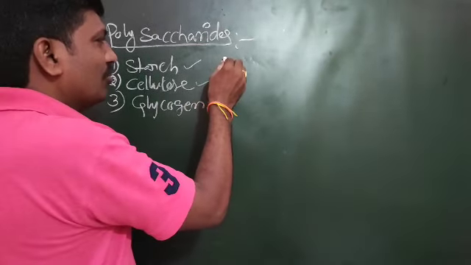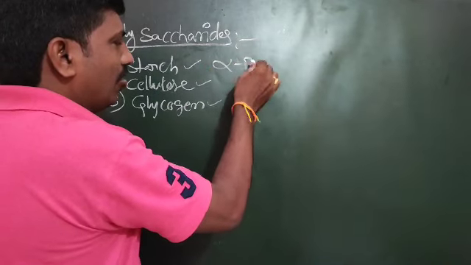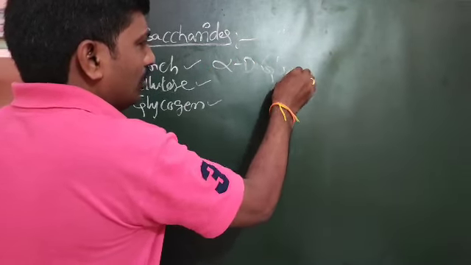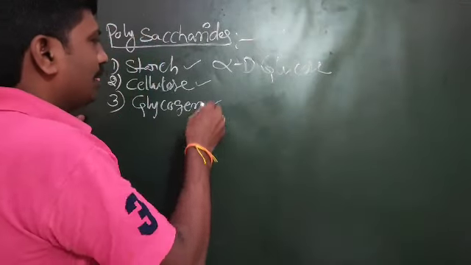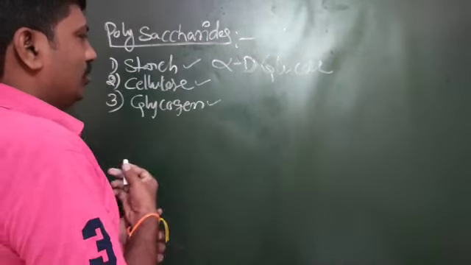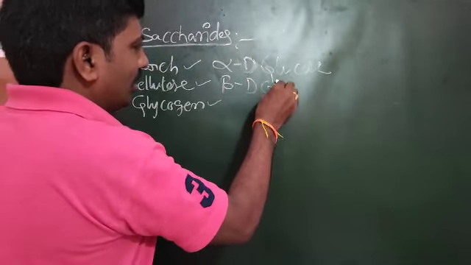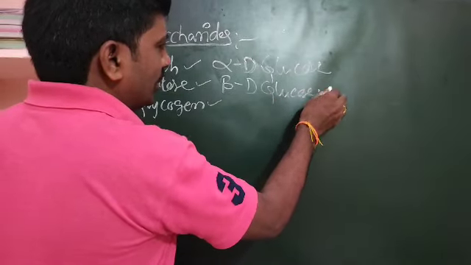Starch consists of alpha D glucose. Cellulose is made of beta D glucose units.